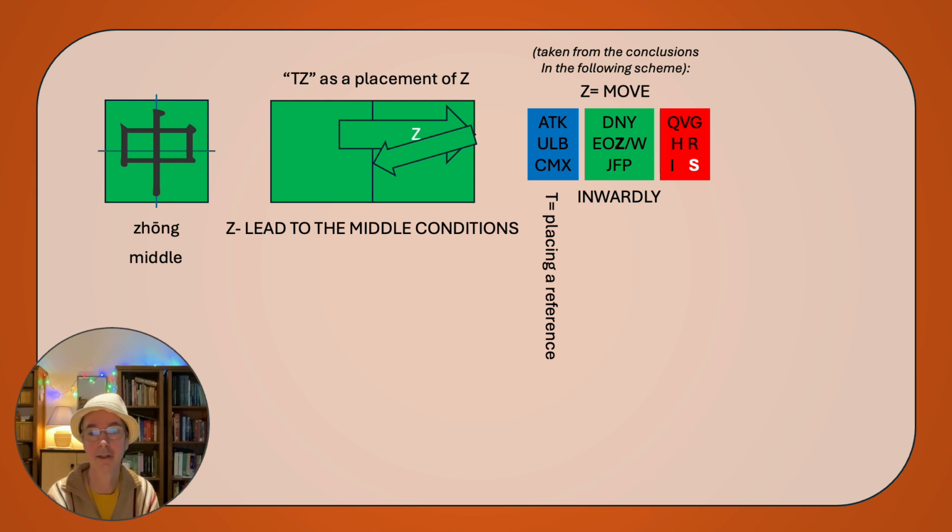The Z is in the system described as being a move in time towards the inner conditions. So it's already referring to a move of your focus towards the inner conditions, the middle conditions. It's already doing that.